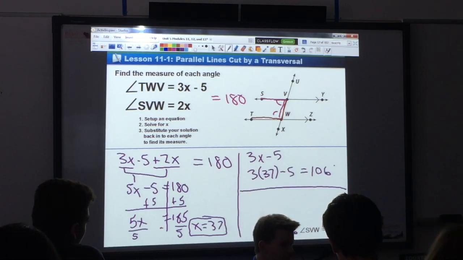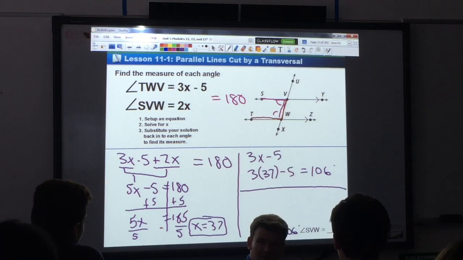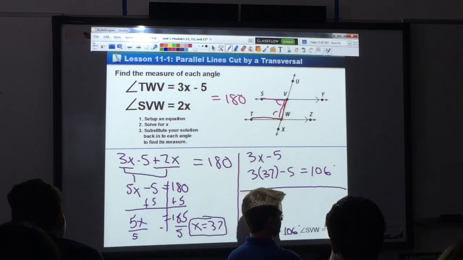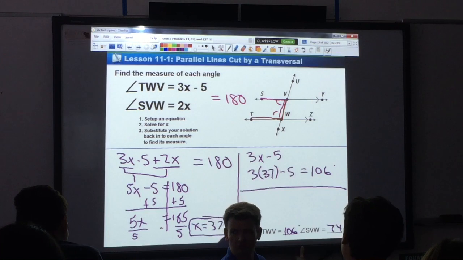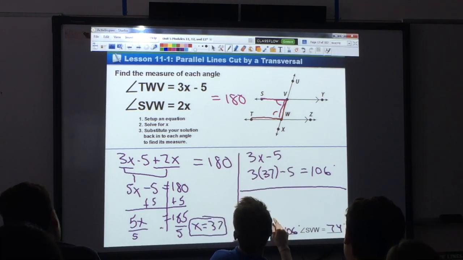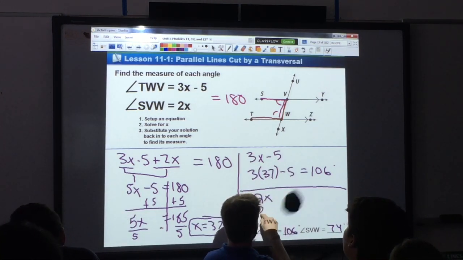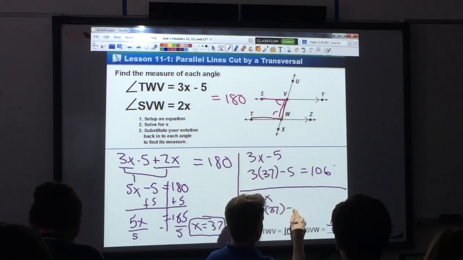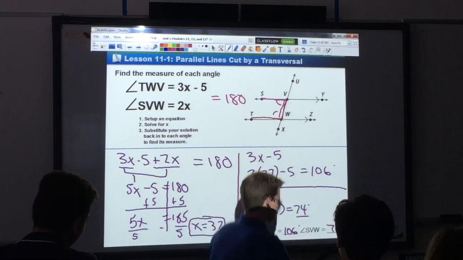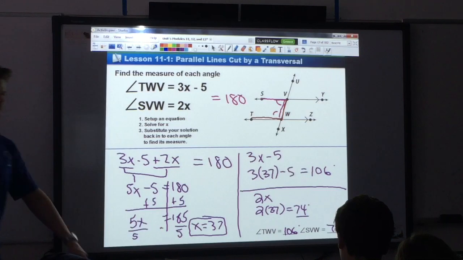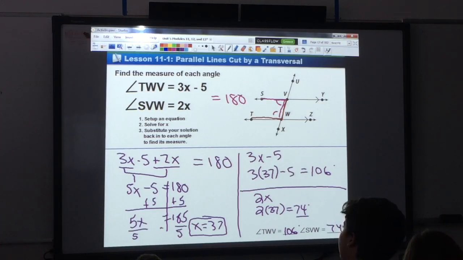That means SVW has to be what? Without even doing the math. 74 degrees. Because together they have to equal 180. In case you want to check that, just do 2x, 2 times 37, yeah, it still gives me 74 degrees. Any questions on that? No? Very good.